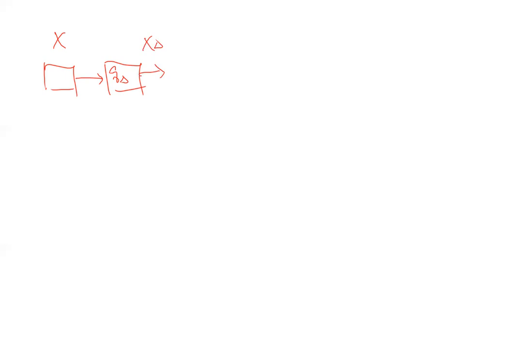Because this is discrete, I can talk about the discrete entropy of x delta, and for the continuous one I can only talk about hx. So I want to see how hx delta and hx are related.